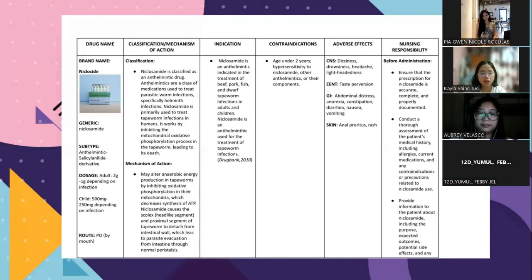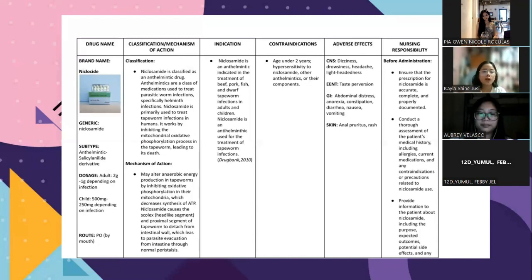So it is essential for the healthcare professional to consider this contraindication before prescribing niclosamide, and to review the individual's medication history and potential risk. If there are known contraindications or suspected hypersensitivity, alternative treatment options should be explored.